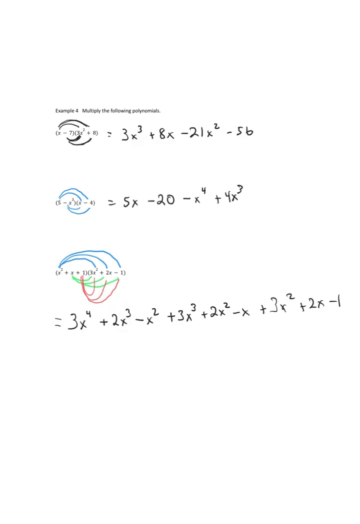All right, let's find our like terms. X to the fourth, oh, looks like that's the only one, so I'm going to check it off. I don't want to cross it out, but let's say check. 3x to the fourth, got that one. Let's get our x cubes. So x cubed, we can combine those two. So 2 plus 3 would be plus 5x cubed. Notice the exponent doesn't change here because I'm just adding, not multiplying at this step. Then we got our x squareds. There's a few of them here. There's an x squared, there's an x squared, and there's an x squared.